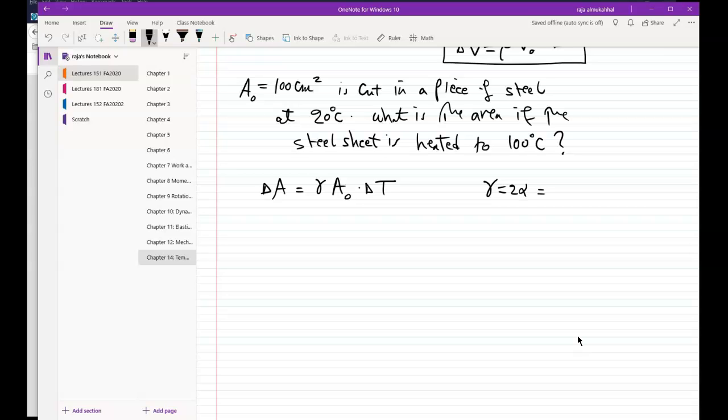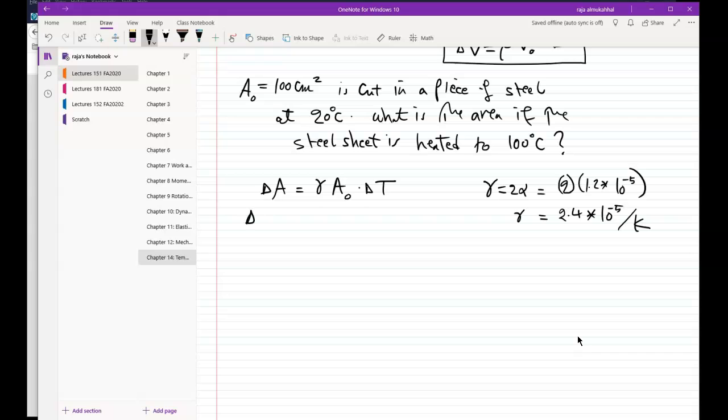The table for area is not given to us, but it's not difficult. All we need is to go to the alpha, multiply by 2, because area is 2 dimensions. So we go 2 times 1.2 times 10 to the negative 5, which is 2.4 times 10 to the negative 5 per Kelvin.